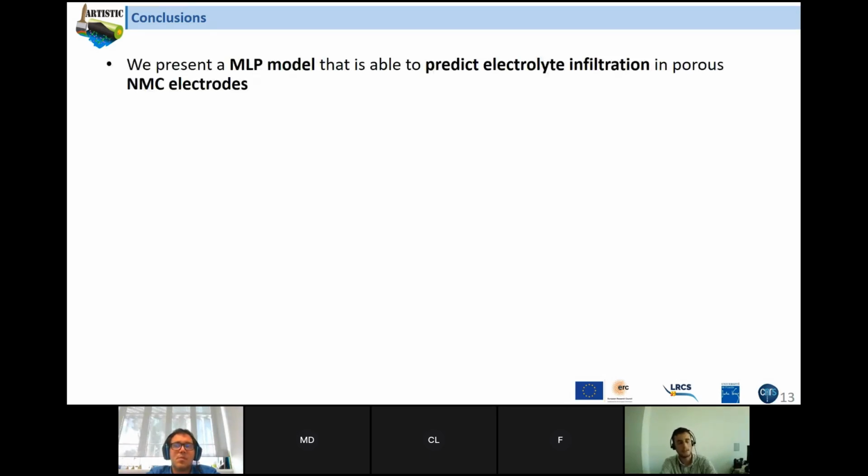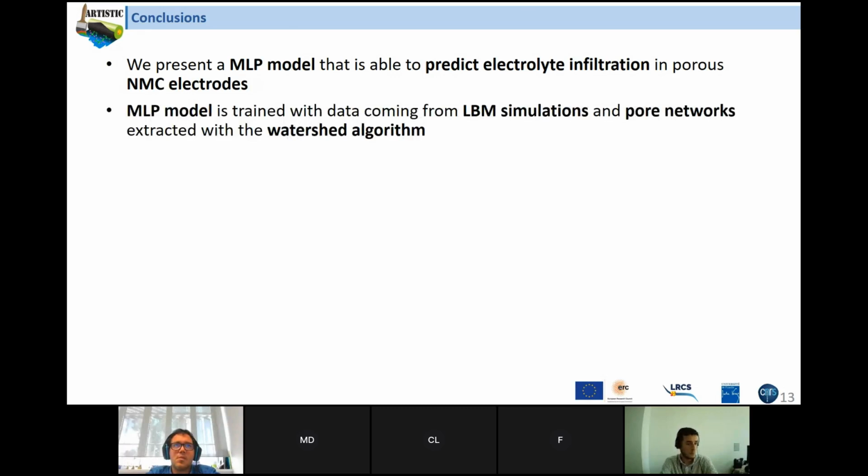We present a machine learning model. Basically, it consists of a multi-layer perceptron model, which is a neural network that is able to predict electrolyte infiltration in porous NMC electrodes, but we can generalize it for different microstructures. This MLP model is trained with data coming from LBM simulations and from pore networks extracted with the Watershed algorithm, but we could use any other method.